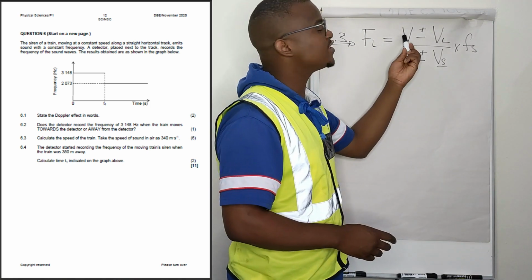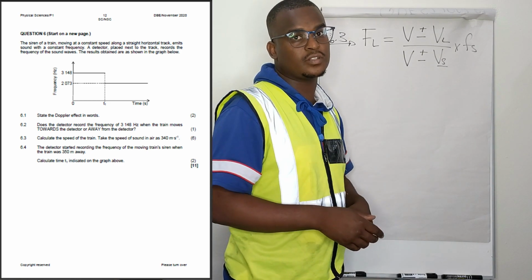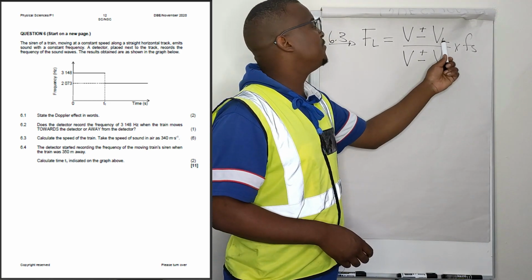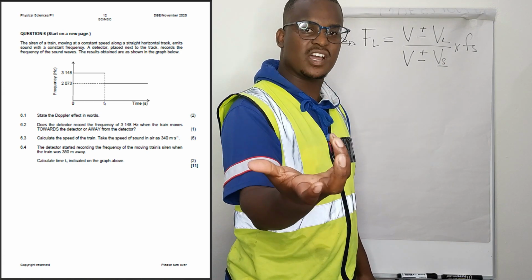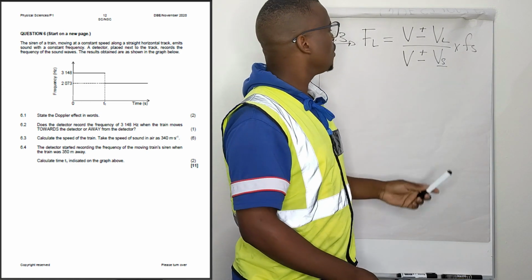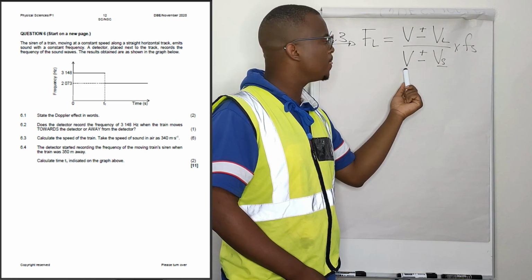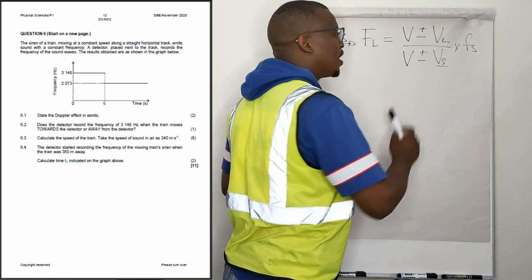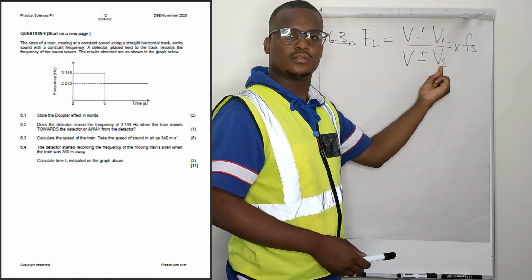We do have the speed of sound in air, which we're told to take as 340 meters per second. We do have the velocity of a listener. The listener was the detector, and our detector was stationary. So we do have this, because these two are the same, which is the speed of sound in air. The velocity of the source is what we are told to calculate, right?